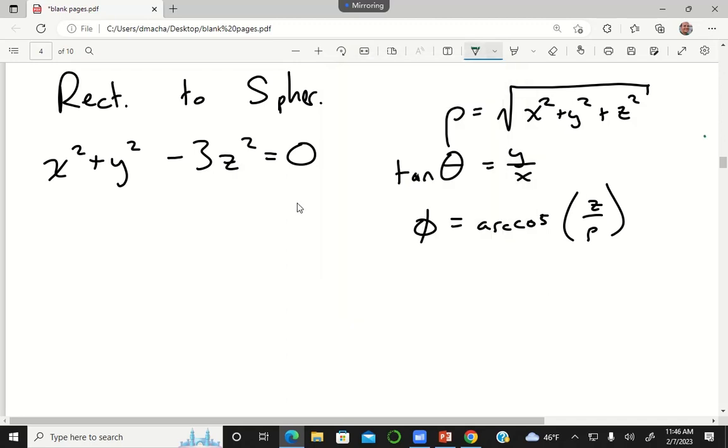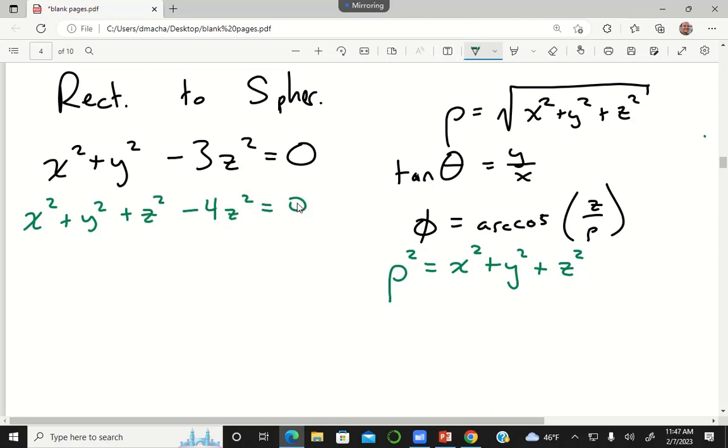One thing I might do to start is say rho squared would just be x squared plus y squared plus z squared. That might be helpful if I write x squared plus y squared plus z squared minus 4z squared equals 0. Because then this whole mess just becomes rho squared minus 4z squared equals 0.